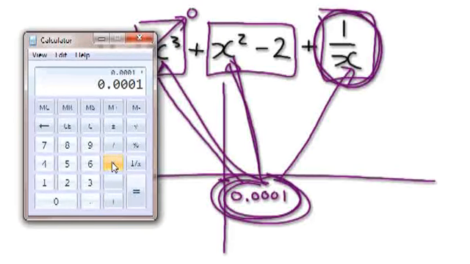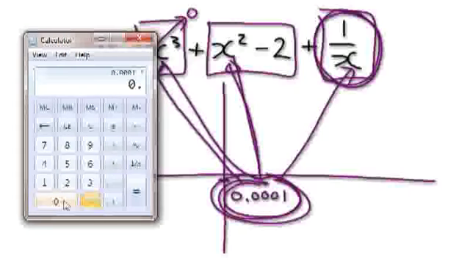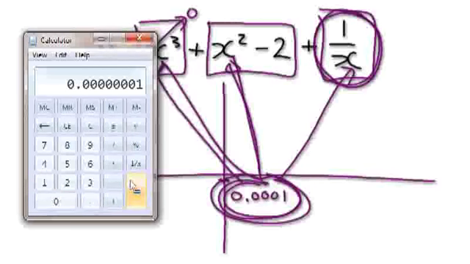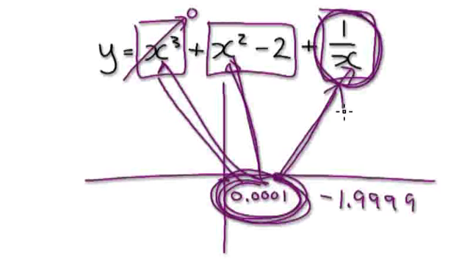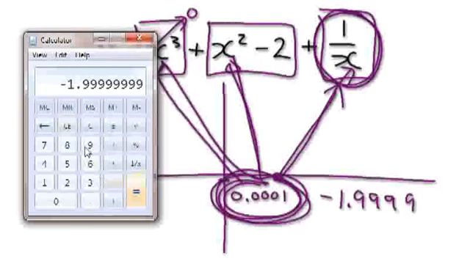I can't find the squared button, so I'm going to have to do it the long way. 0.0001 squared equals this, and then minus 2 equals that, minus 1.999 whatever.